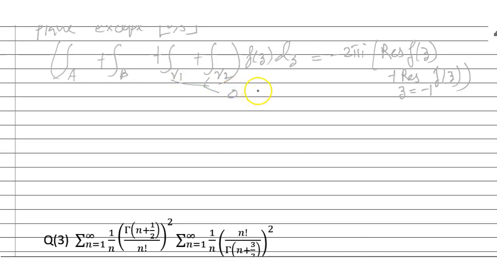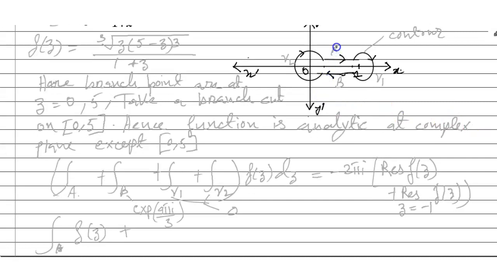And this portion is 0, and summation of A f(z) dz plus B f(z), and the upper portion is the exponential of 4 pi i divided by 3 multiplier.